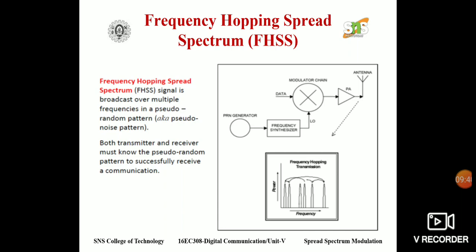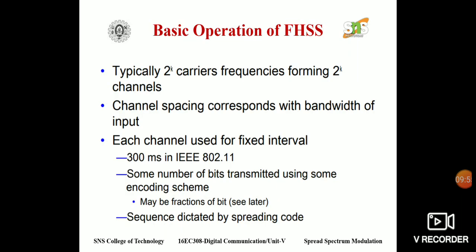Before communication, both pseudo noise generators should be synchronized so that detection is easier, and external devices cannot interfere or detect the signals. The basic operation of FHSS: typically 2 power k carrier frequencies form 2 power k channels. The channel spacing corresponds with the bandwidth of the input, and each channel is used for a fixed interval.